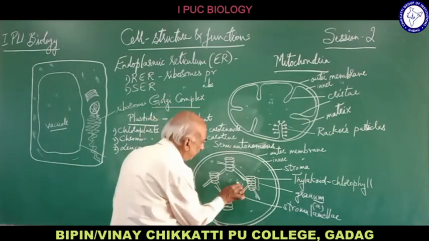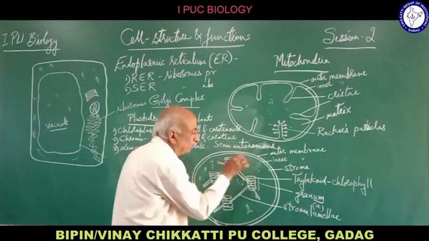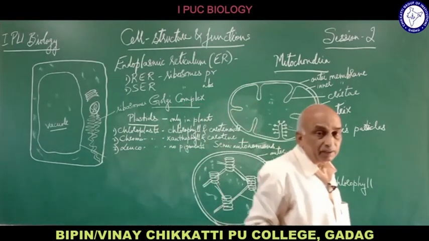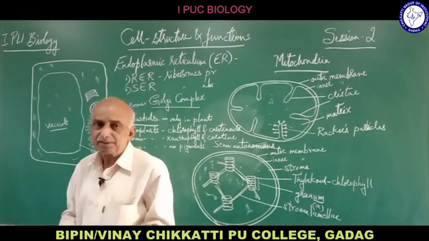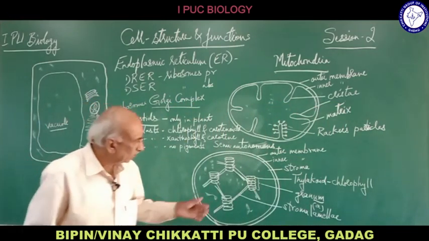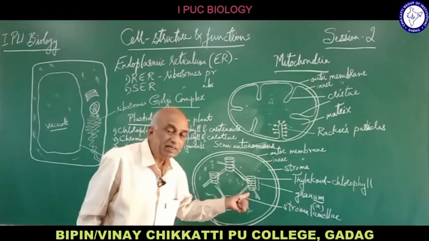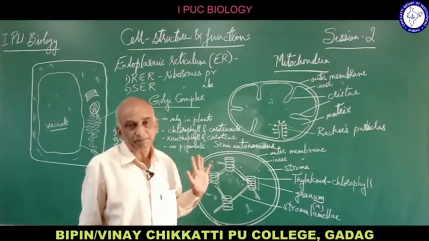The stroma, which is a fluid, the matrix of the plastid, is a fluid structure only, which contains ribosomes, enzymes, RNA and DNA fragments. But the chlorophyll is present only in the thylakoids and the stroma lamellae.